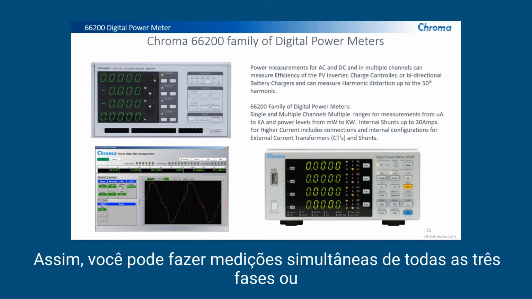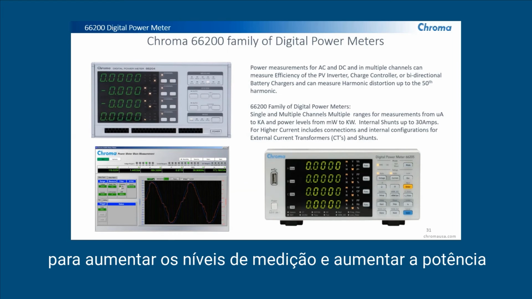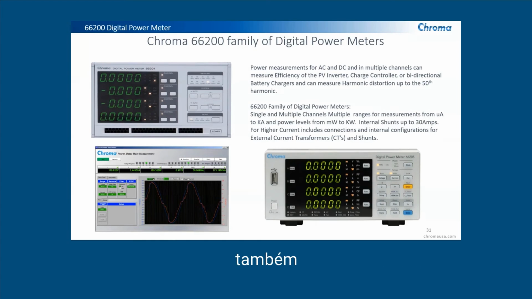So you can do simultaneous measurements of all three phases or all four channels. It also gives you the ability to use current transformers and shunts externally to increase the current level measurements and also increase the power on this one.